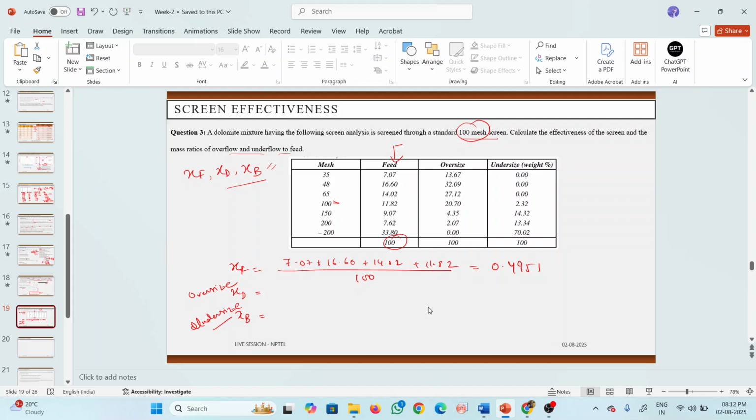Ma'am, you have to find XF and XD. Yes, XF, XD and XB values. So the XD value is 73.08. Is it correct?